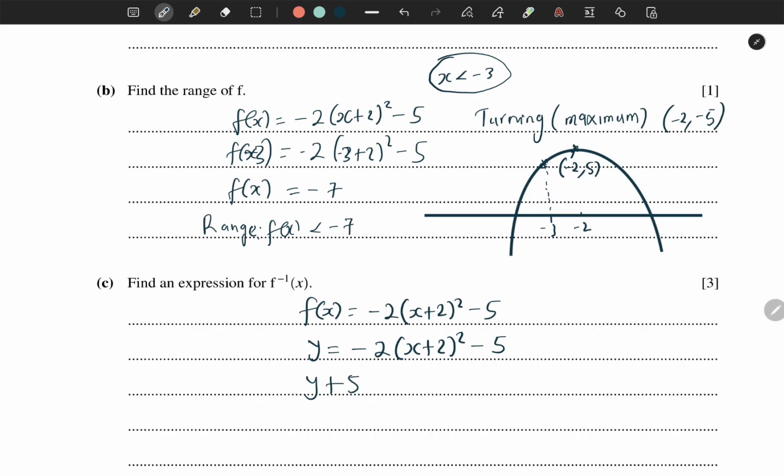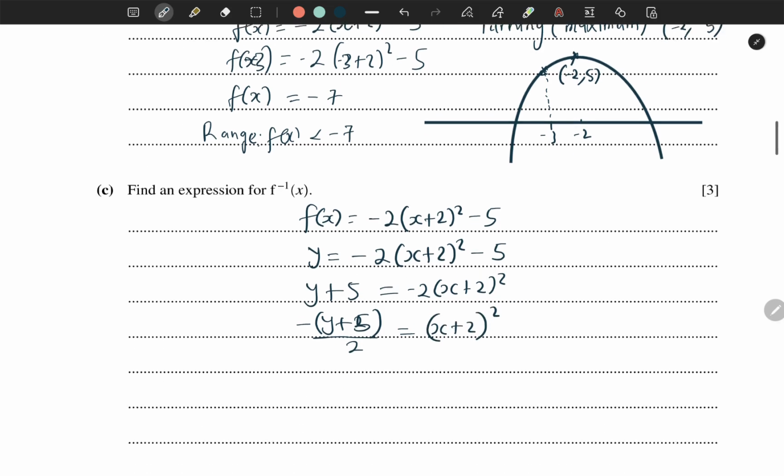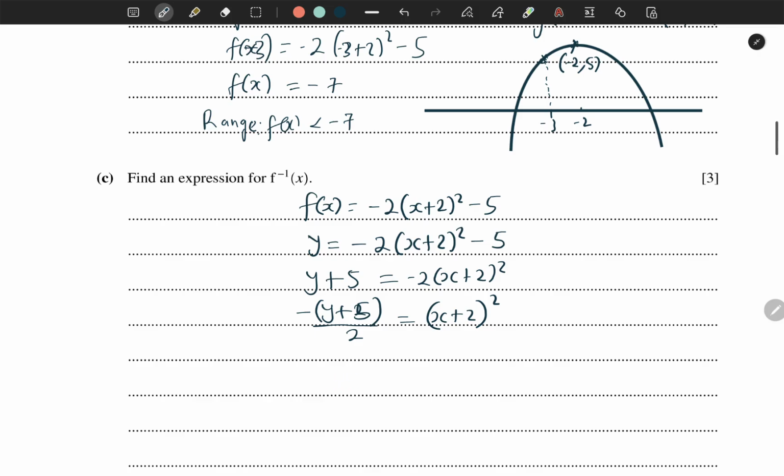So y plus 5 equals minus 2(x plus 2) squared. Divide both sides by minus 2, and this becomes minus (y plus 5) over 2 equals (x plus 2) squared. Next thing is to take the square root of both sides. So x plus 2 equals the square root of minus (y plus 5) divided by 2.